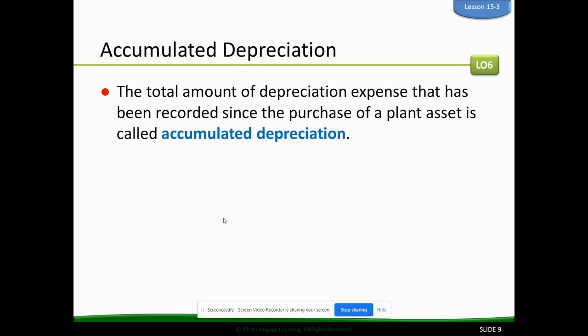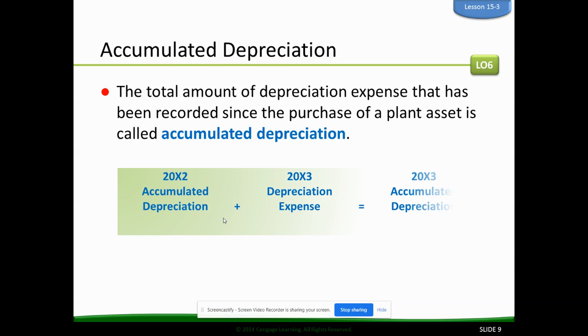The total amount of depreciation expense that has been recorded since the purchase of a plant asset is called accumulated depreciation. So here we have accumulated depreciation in the second year and the third year.